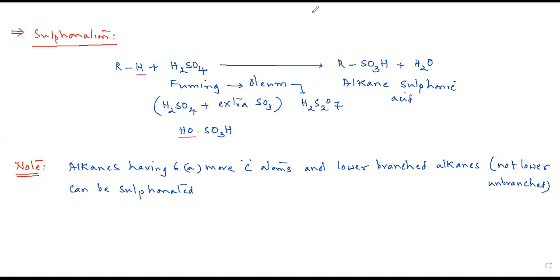Let me give you an example. Taking simple hexane. Hexane on sulfonation gives hexane sulfonic acid.